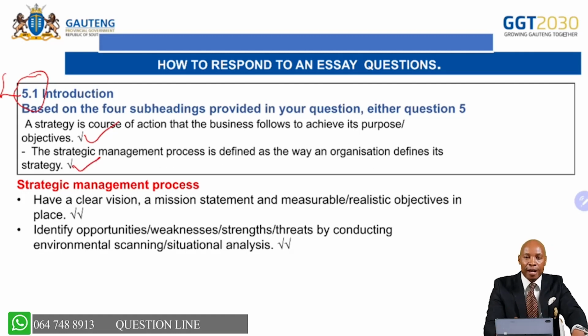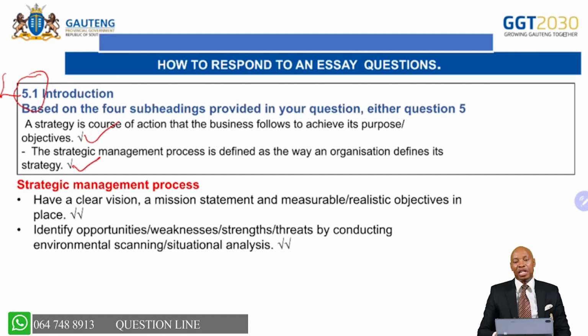You see here, you are not outlining nor explaining nor describing the strategic management process, but then you are defining the strategic management process to then give the reader of your essay to say, in my essay, I'll be talking about the strategic management process, which is why the strategic management process is in the introduction of the essay.